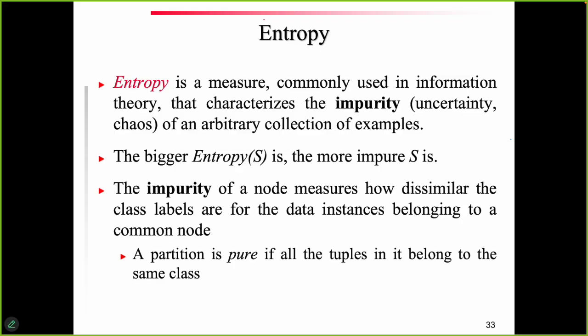Entropy is 0 if they all belong to the same class, because there is no confusion, right? There is no impurity. As I said, entropy is a measure of impurity. So if all examples belong to the same class, means the data is the purest. And if this is the purest, means the impurity is 0, means entropy is 0.